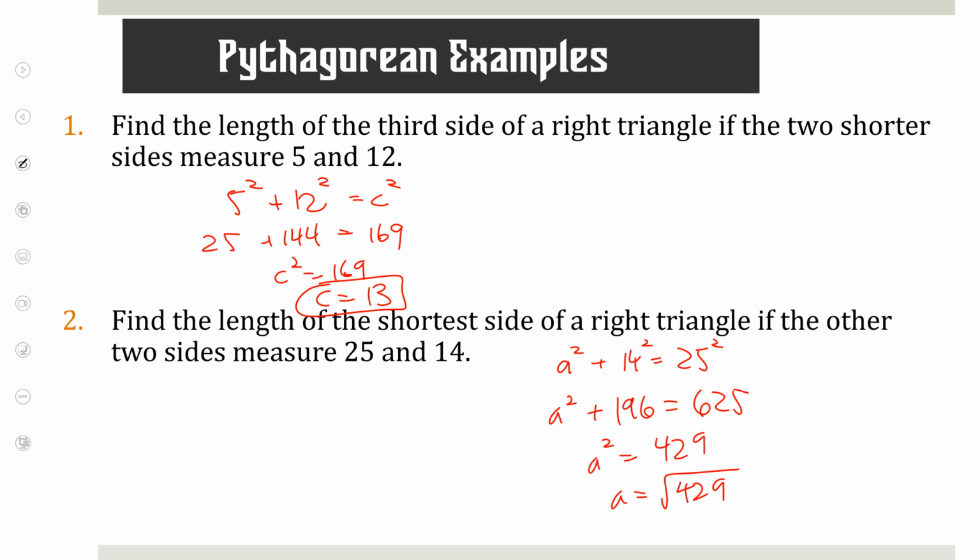I did like 14 squared plus 25 squared. No, because that would be if you're solving for the hypotenuse. Remember, in this formula, A squared plus B squared equals C squared, this side of the equation has to always be the hypotenuse or the longest side. No exceptions. Okay, so my point is, what do we do with that answer?